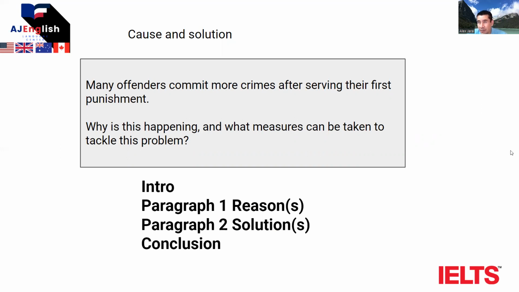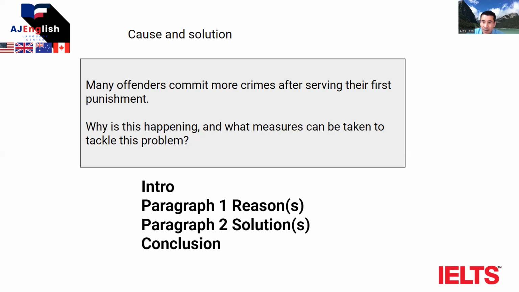The question is commonly going to ask for a solution in the form of measures: what can be done about it, solutions. The wording might be different in the questions that you see during the test, but they will present a problem and ask you to make some suggestions on how to solve it. That's the same as a cause and solution or a problem and solution type of essay.